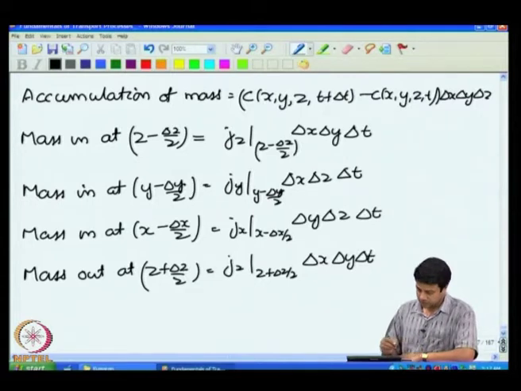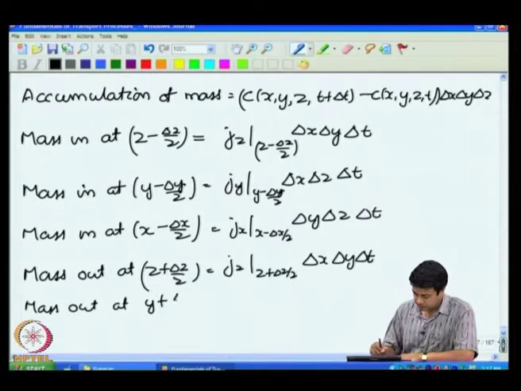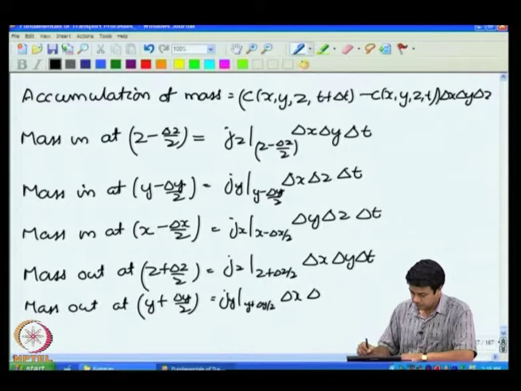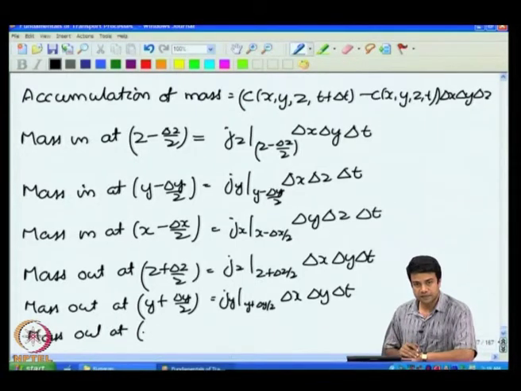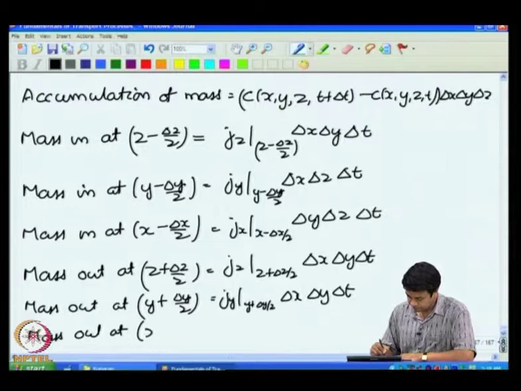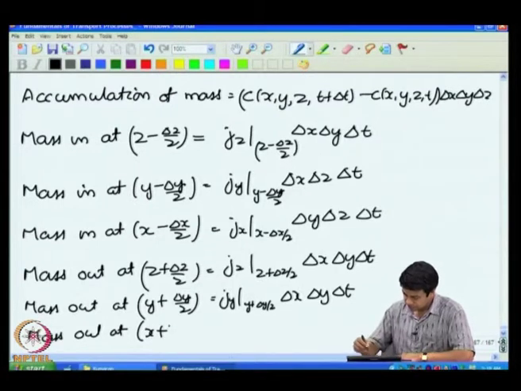And then I have mass out at y plus delta y by 2. And then I have a mass out at the front surface at x plus delta x by 2.